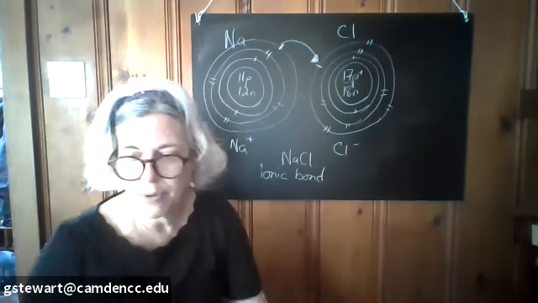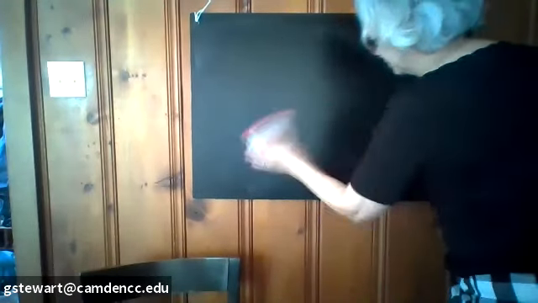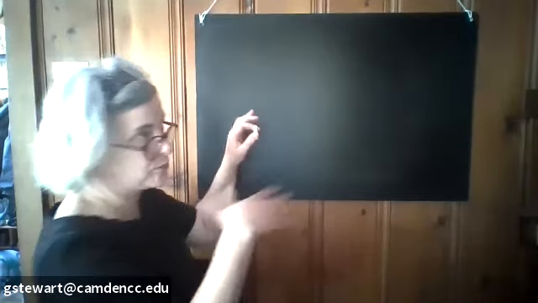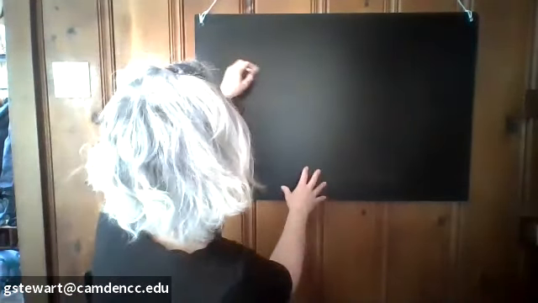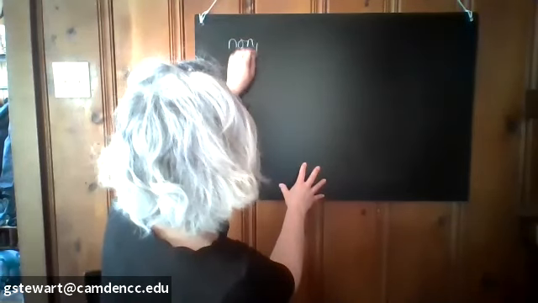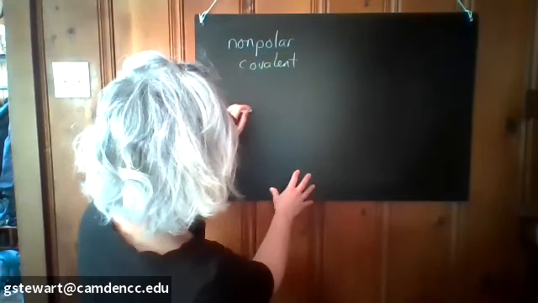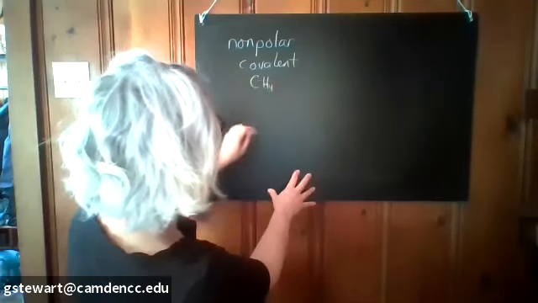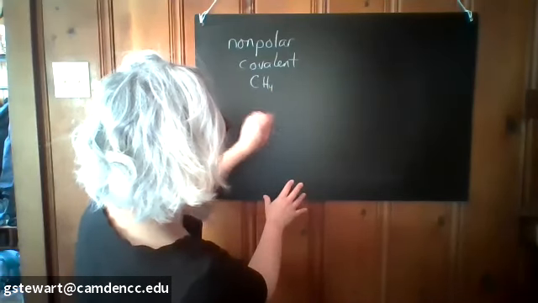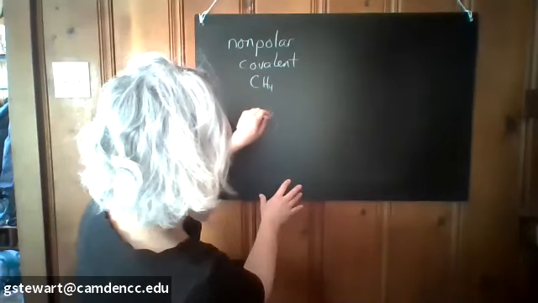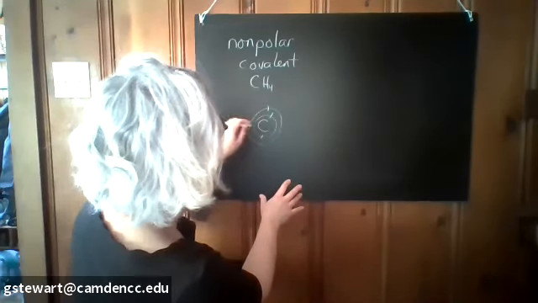So I'll erase again. So in a covalent bond, electrons are not given away, but they are shared. And as I mentioned, a non-polar covalent bond example would be methane, which is CH4, and it was carbon, and carbon has an atomic number of 6, so there's 2 electrons in that first shell and 4 in the second shell.